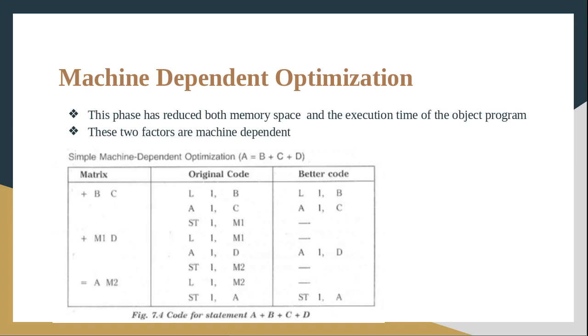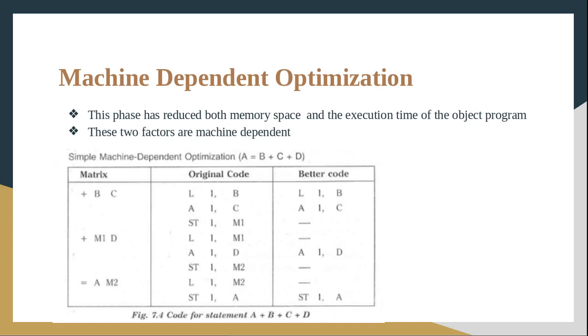That result is available in the variable M1, then M1 plus D gives the final result, which is stored in the variable M2, and M2 will be stored into the variable A. These are the three lines in the matrix form of the statement A = B + C + D. Now, according to the code production rules, we convert it into object code.